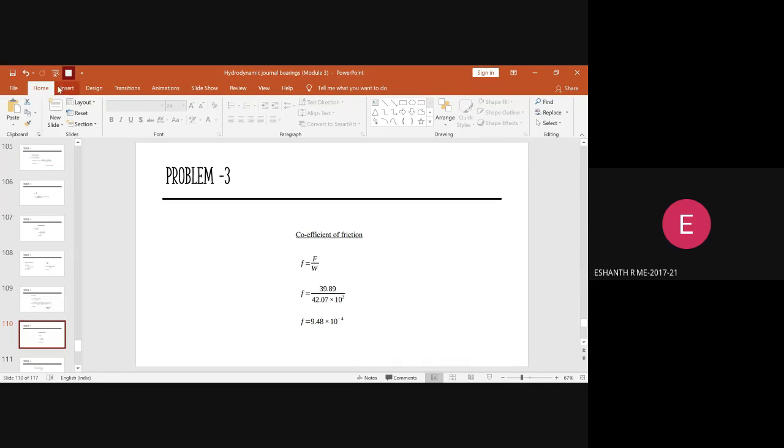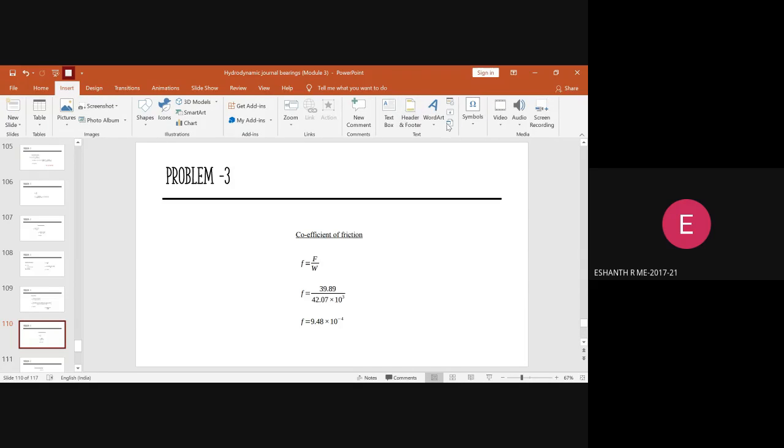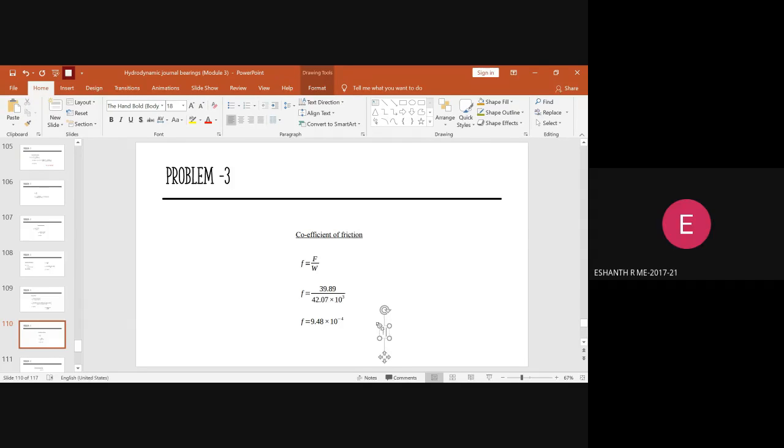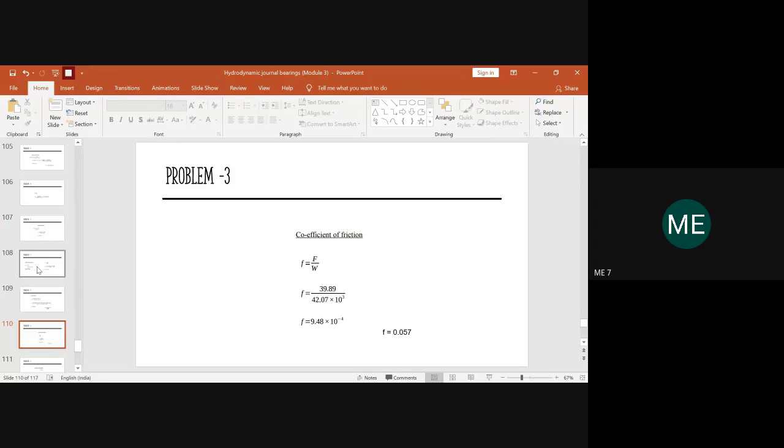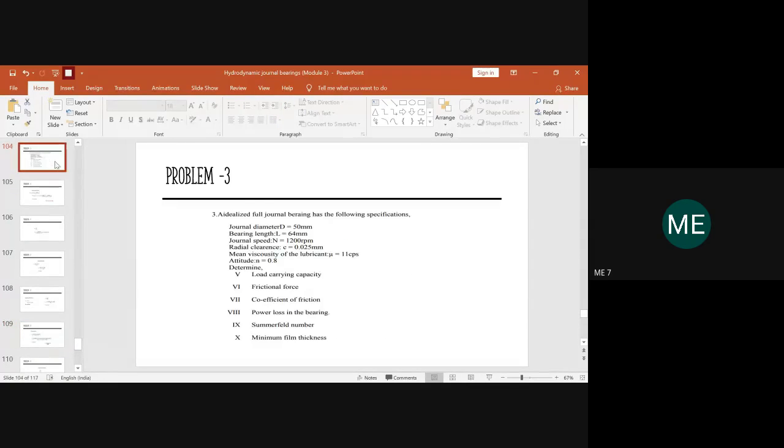So f is equal to 0.057. This is the coefficient of friction value, small f, that we get as per our calculation. So we have determined the coefficient of friction value.